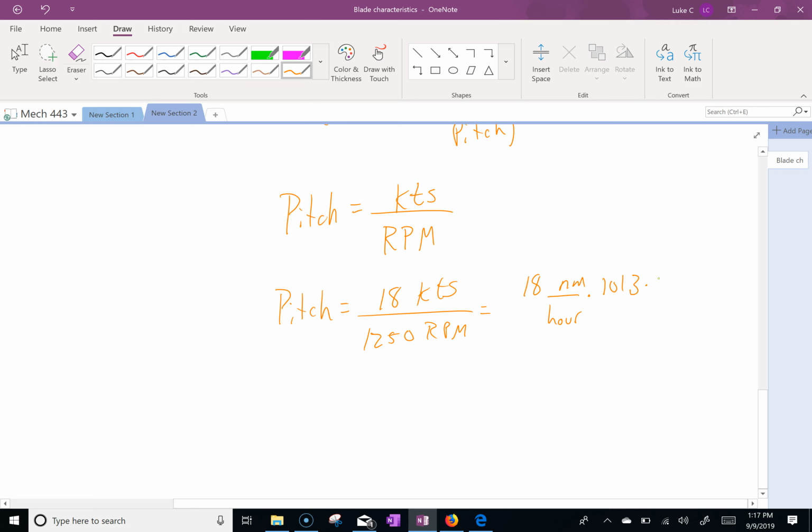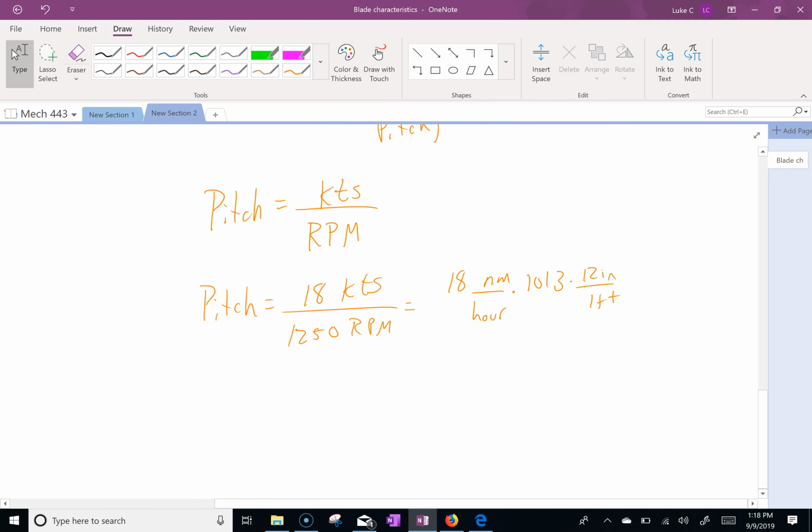Then we're going to multiply by 12 inches in 1 foot. And then we're going to divide by 1250 RPMs. So that conversion converts it to feet per minute.